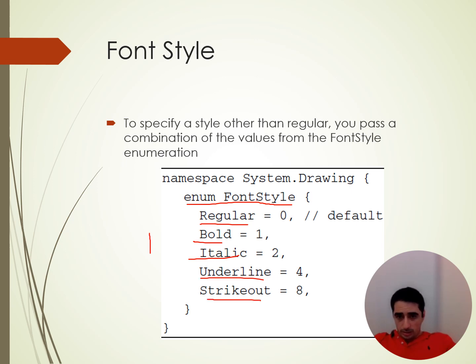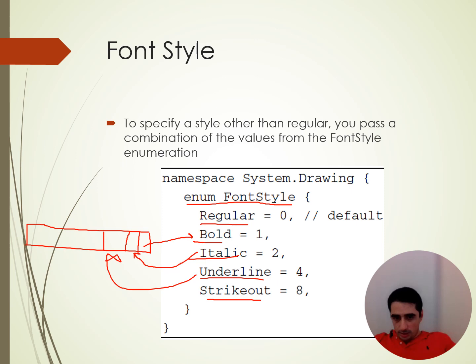Basically, the font style would be an integer. The rightmost bit is going to be the bold bit, because either it's bold or it's not, right? It's a Boolean. The second bit would be the italic one. The third bit would be the underline, and the fourth bit is going to be the strikeout.